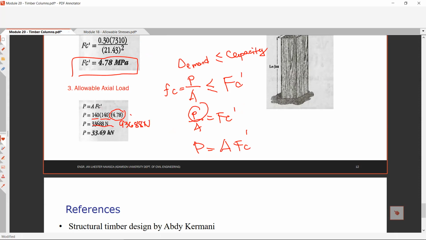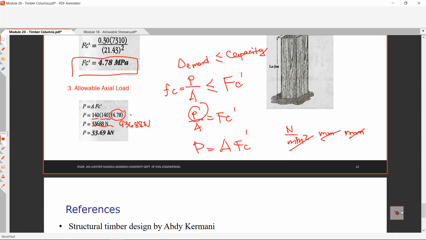93,688 newtons. Bakit newtons? You get MPa, that is Newton per square millimeter. 140, that is in millimeters. Yung next na 140, that is millimeters. So millimeter times millimeter, you get millimeter squared divided by millimeter squared, makakancel yan.